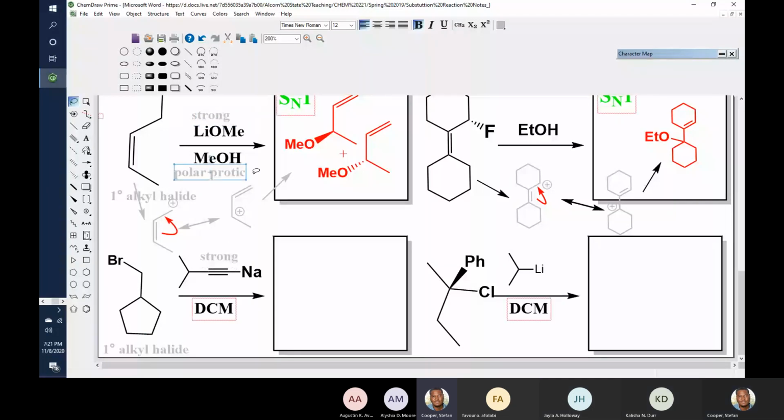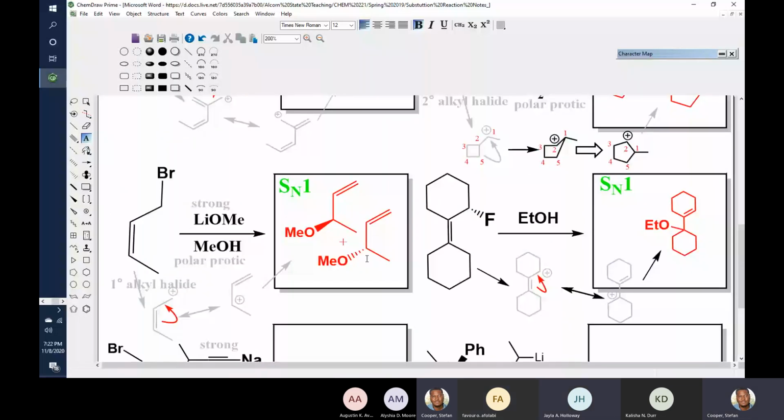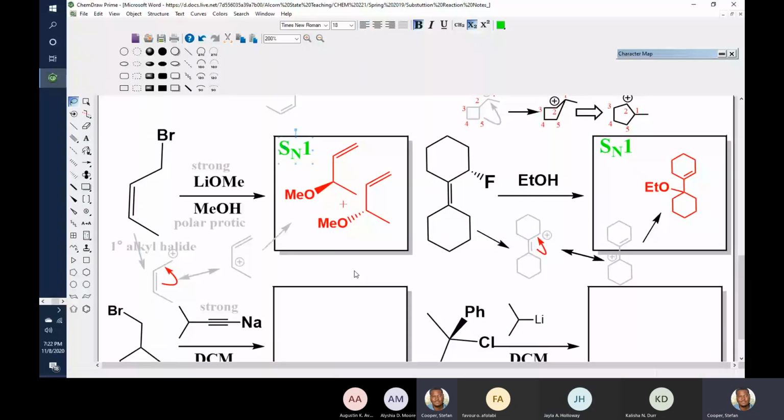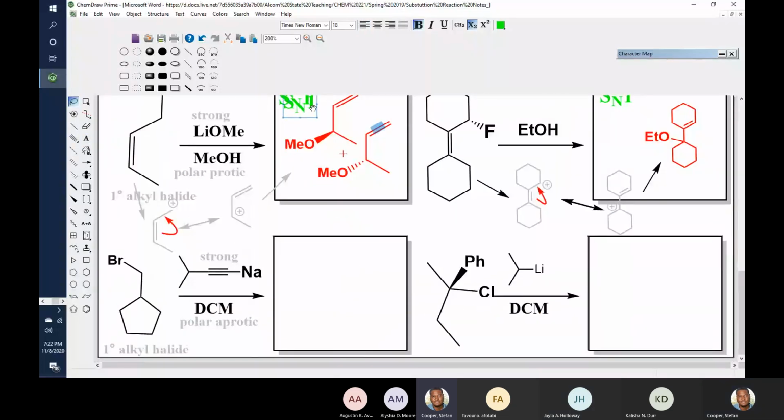Yep, this is polar aprotic down here. Very good. So my reaction conditions are favoring which mechanism? SN2. Yeah, it's been a long time since we did SN2. Yes. Okay, let's go with an SN2.